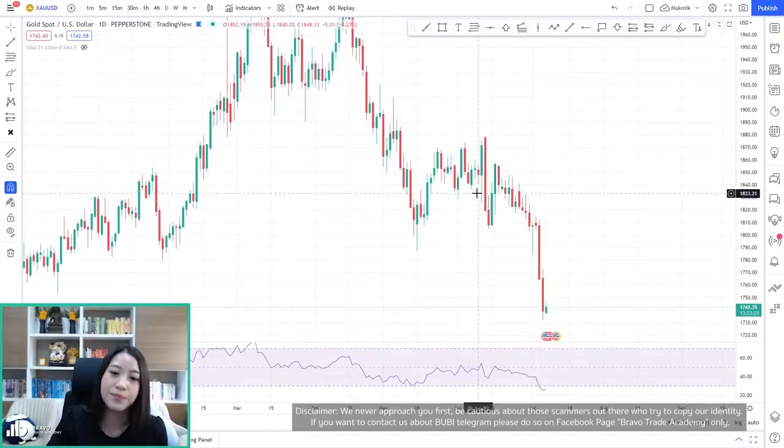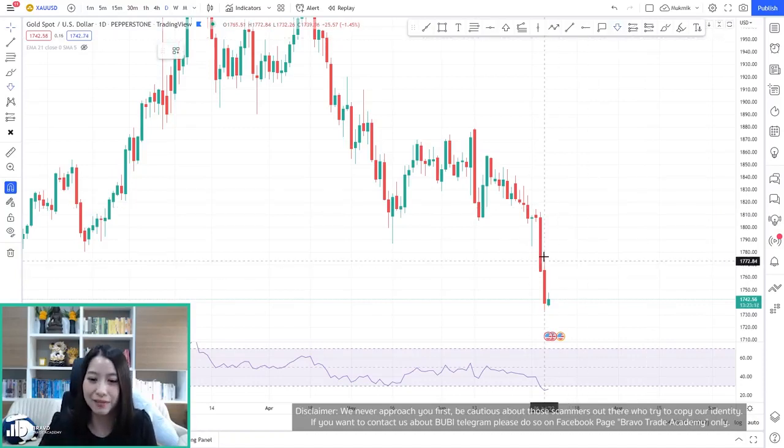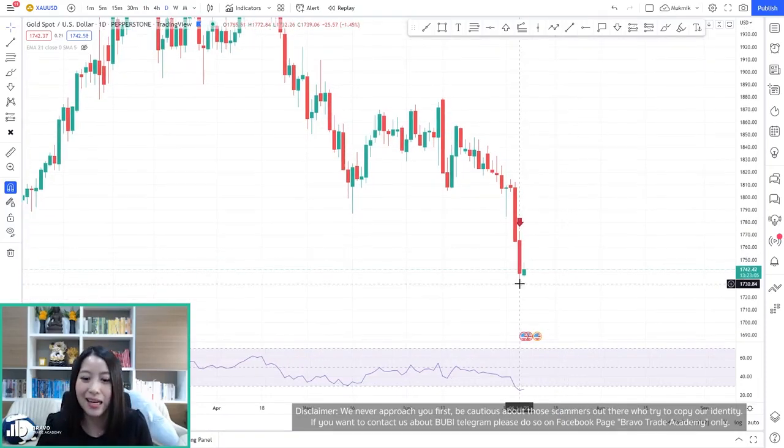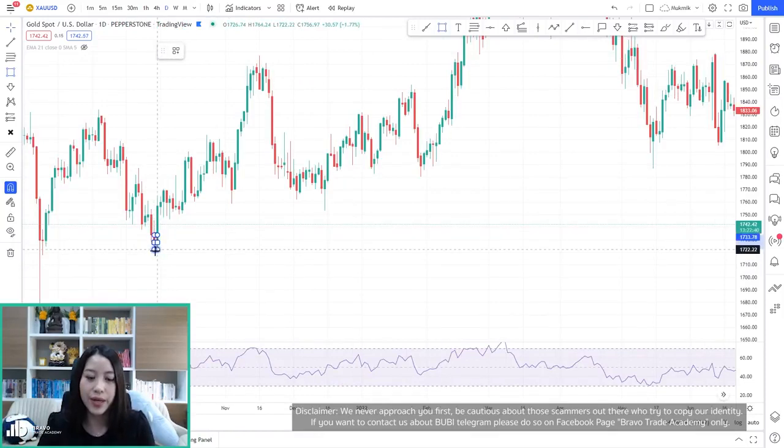So here we go. It's a new day, and we need to start with the daily time frame. What happened is that we have another big, bold, bearish candlestick, and it is not forming any reversal pattern as well. So for today, the price can go a little bit further down to here.